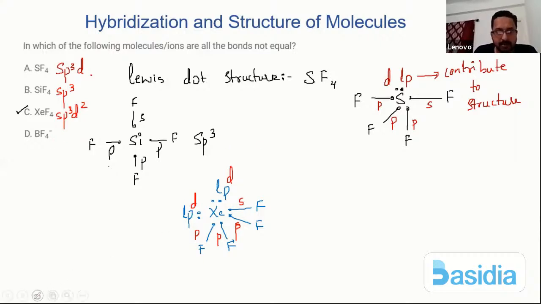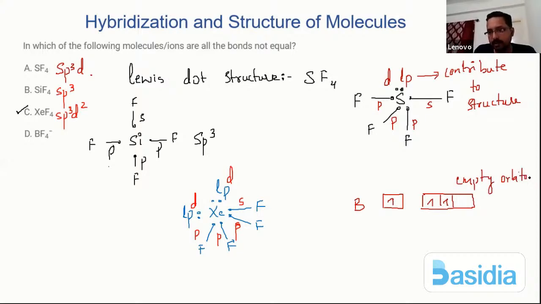Okay. Now, similarly, when you go for the BF4 minus molecule, that means boron is there. How do we consider this one? If we go to the excited state configuration, let us not forget that boron has 1 electron here, 1 electron here, 1 electron here, but it also has an empty orbital.